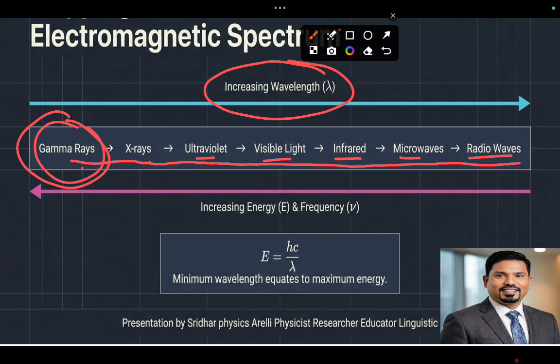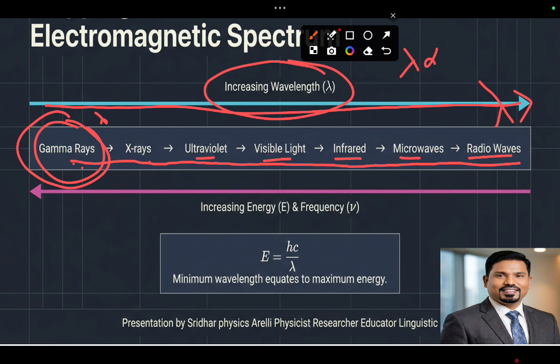Gamma rays have the least wavelength when compared with radio waves, which have the longest, highest wavelength. As we move from gamma rays to radio waves, wavelength is increasing.